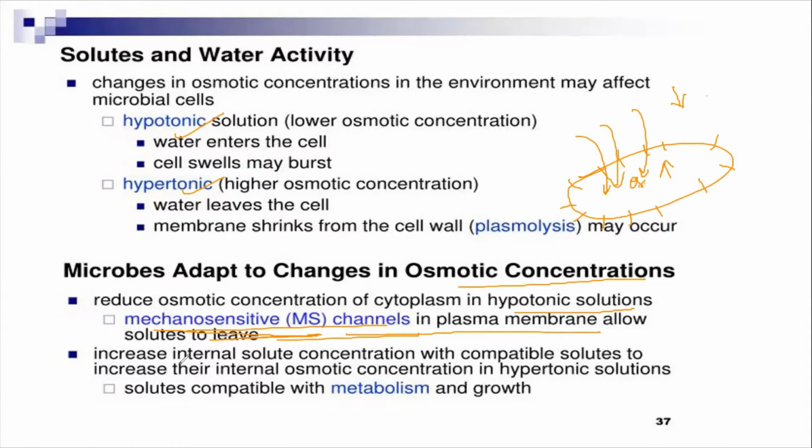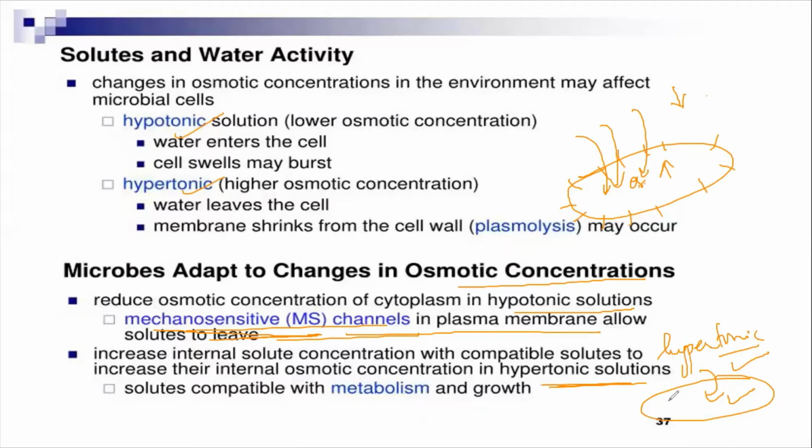Or they can increase the internal solute concentration with compatible solutes to increase the internal osmotic concentration in the case of a hypertonic solution. So in the hypertonic condition, they try to take the solute from outside to inside. They try to maintain the balance of the outside and inside solute concentration, making sure it does not result in excess water loss and precipitation of the proteins present in the cytoplasm.